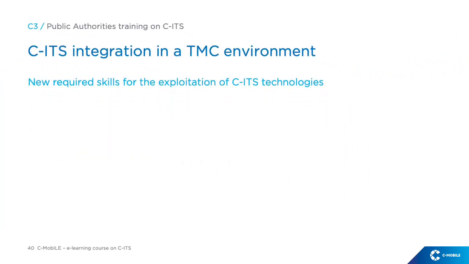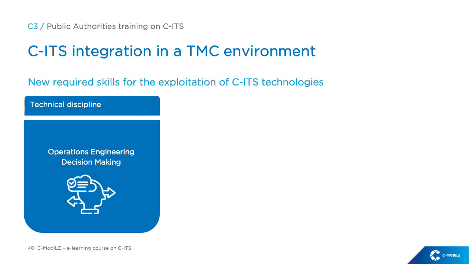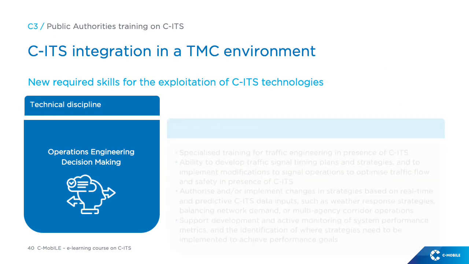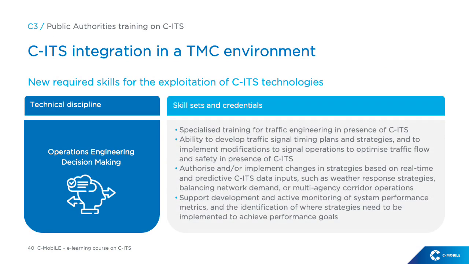The skill sets and credentials required for operations engineering decision-making include specialised training for traffic engineering in presence of CITS, the ability to develop plans and strategies for dynamic and proactive management of traffic signal timing, which implies the implementation of modifications to signal operations to optimise traffic flow and safety in presence of CITS.